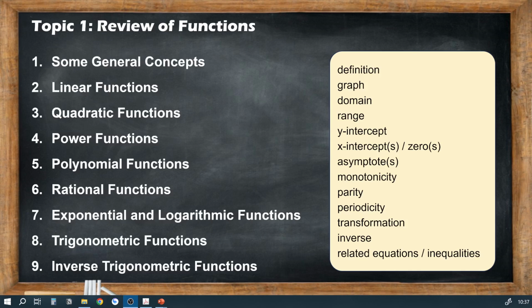Parity, which means whether this function is even or odd or neither. Whether it has any period, and how we can do transformations, and inverse of each function, and then related equations and inequalities. So let's have a look at these key points.